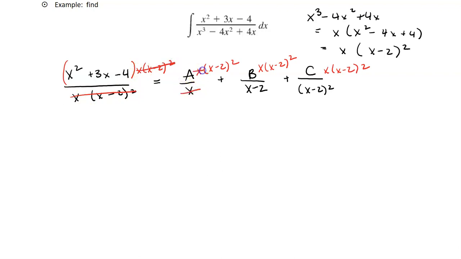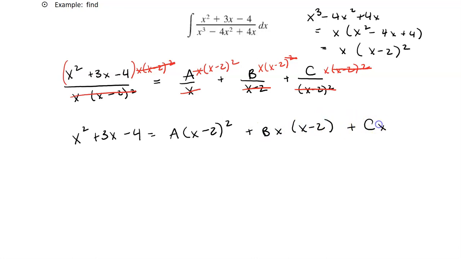This one will cancel the x. This one will cancel one copy of the x minus 2. And this one will cancel both copies of the x minus 2. So I'm left with x squared plus 3x minus 4 equals a times x minus 2 squared plus bx times x minus 2 plus cx.